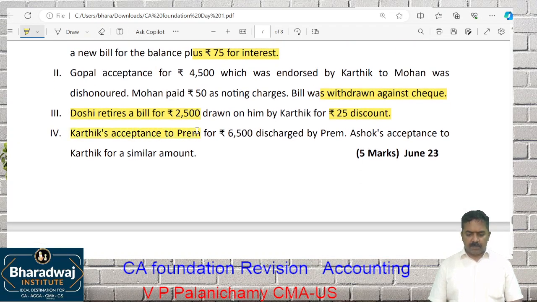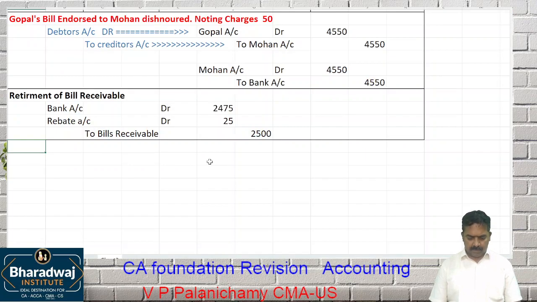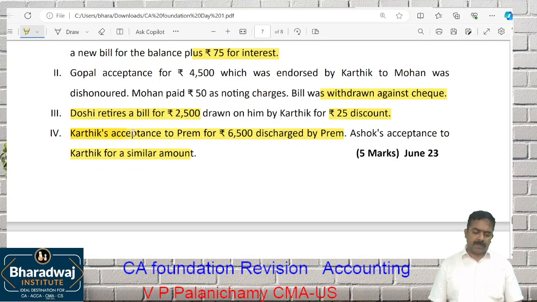Karthik's acceptance to Prem, 6,500, discharged by what? Prem. Ashok's acceptance to Karthik for a similar amount. Whose acceptance? Karthik's acceptance to Prem 6,500 was discharged by Prem.